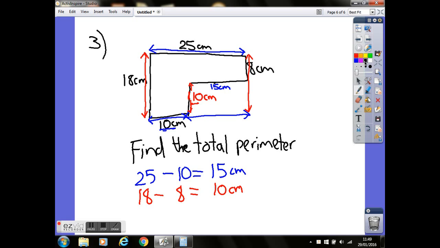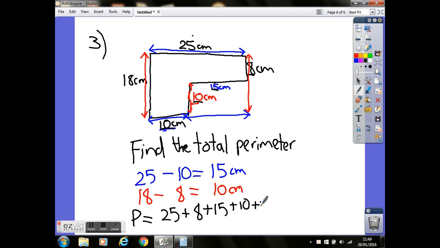So the top, we've got 25. If we go around to the right hand side, 8, so 25 plus 8 plus 15 plus 10 plus 10 plus 18. And that's all the sides.